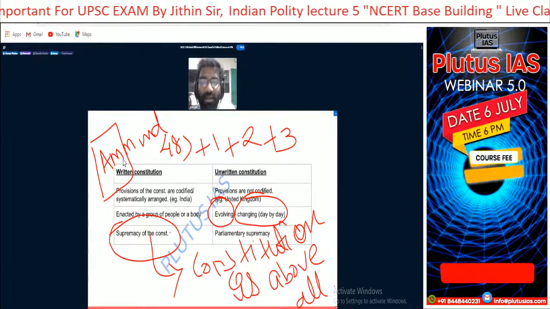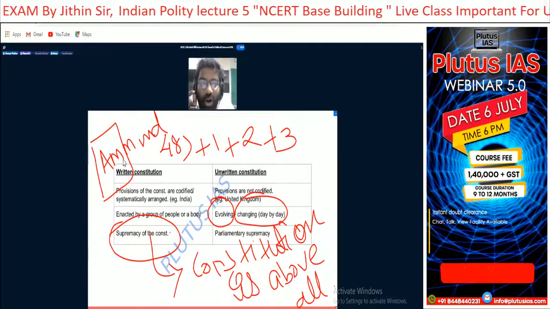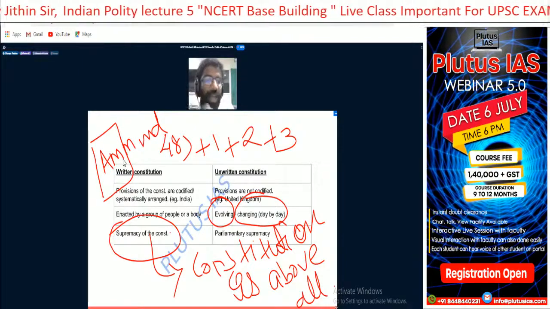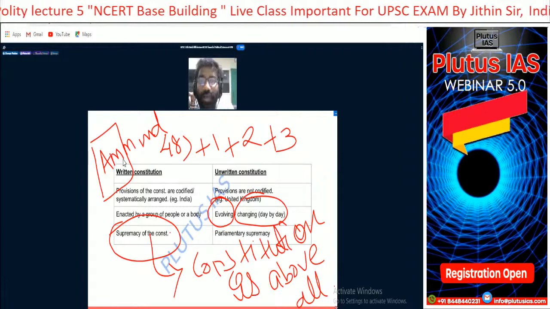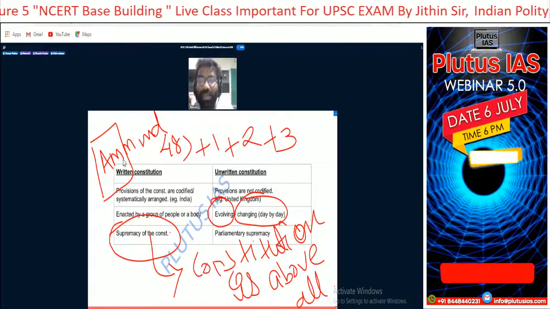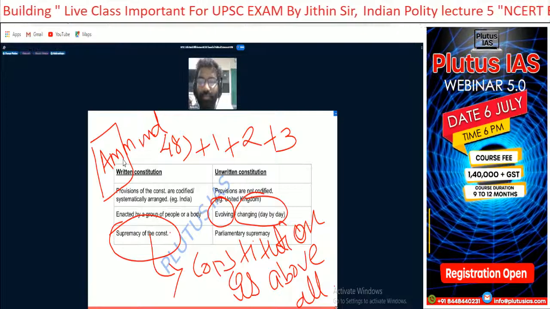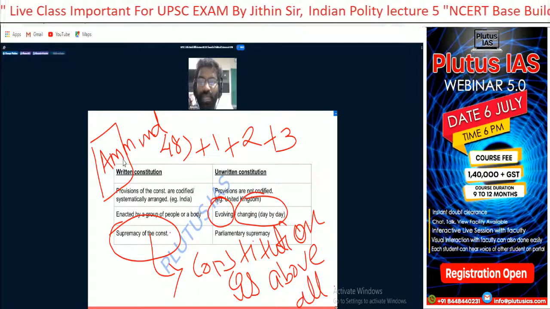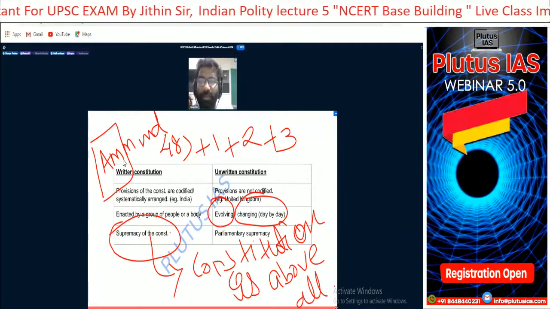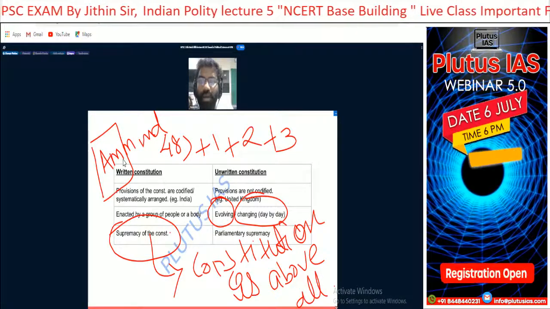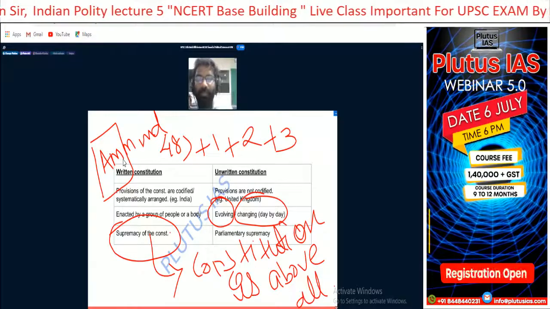Sharda? Tell me, according to which article? Okay, Aman had already answered. According to which article can we amend the Constitution of India? Sharda? Sir, I don't know, sir. Arya? Sorry, sir, I lost the connection. Arya, according to which article can the Constitution of India be amended?